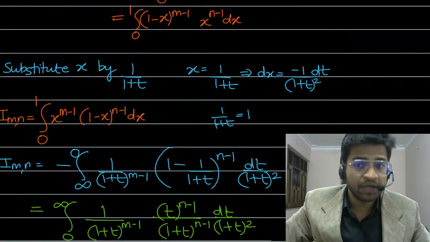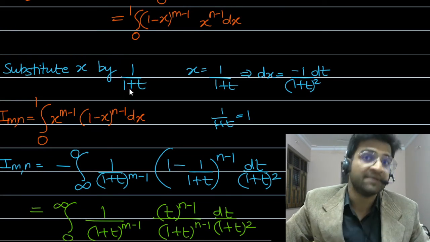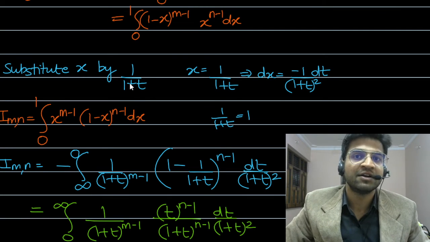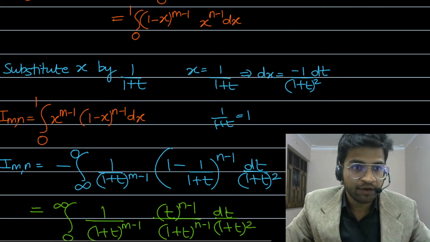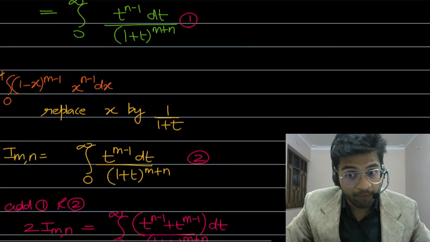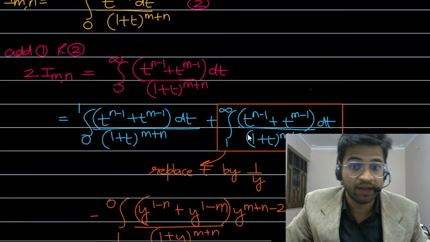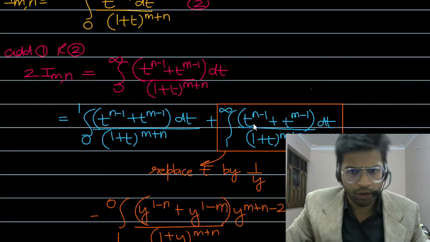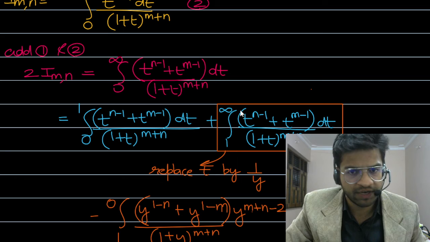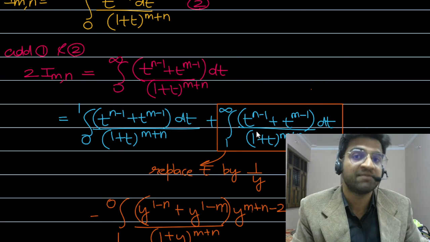It is difficult to figure out that we need to replace x by 1 plus t. Also, it is difficult to break this in the limits, to break this 0 to infinity into 0 to 1 and 1 to infinity. Although I agree that after this 1 to infinity, it was not that difficult to comprehend that we need to replace t by 1 by y.